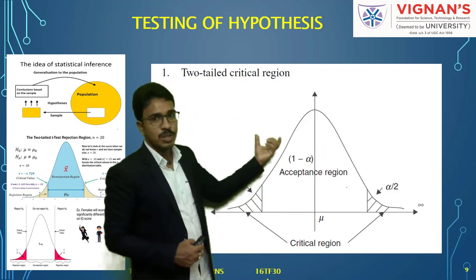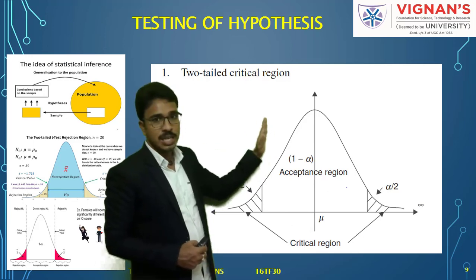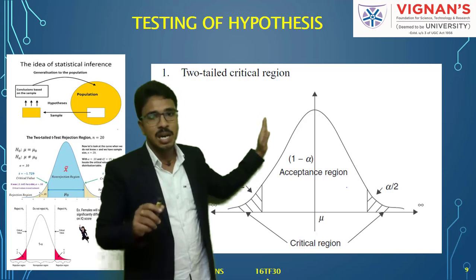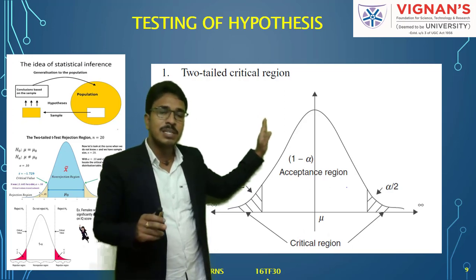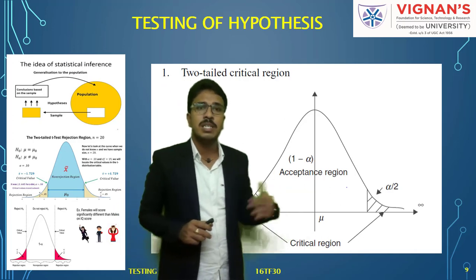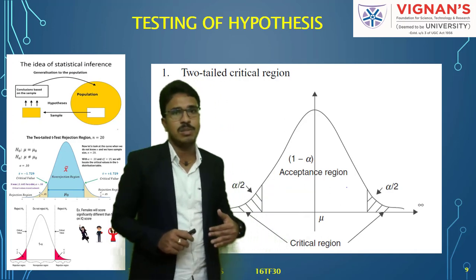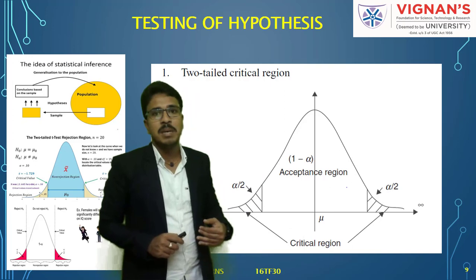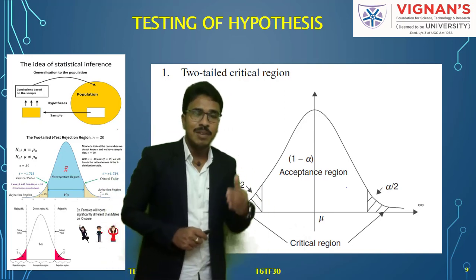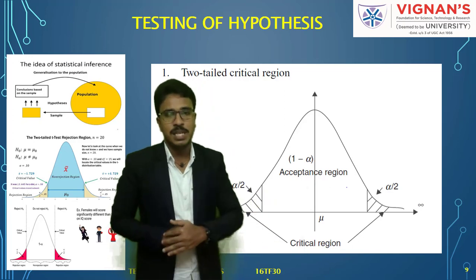If the null hypothesis comes under this region, that is the acceptance region, which we represent with 1 minus alpha. Here this alpha is related to the level of significance. We have discussed this in our earlier presentation also, on estimation of mean and variance. This alpha is related to the level of significance.